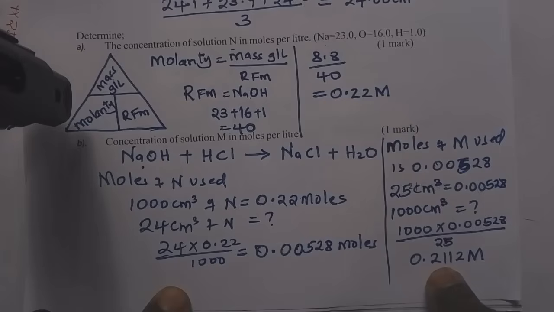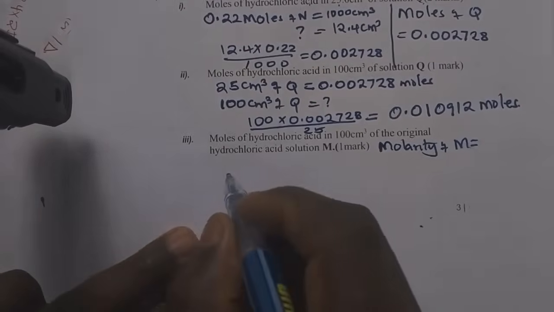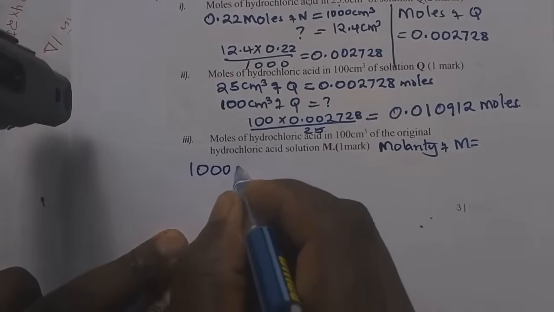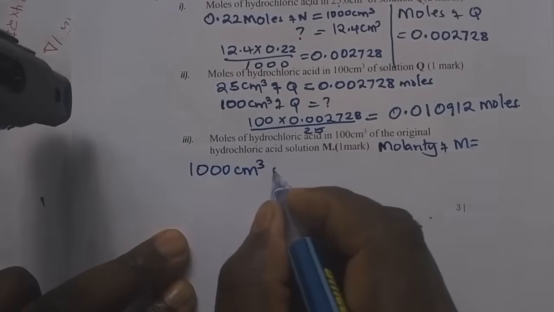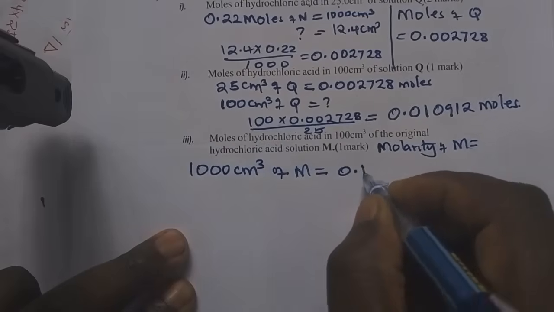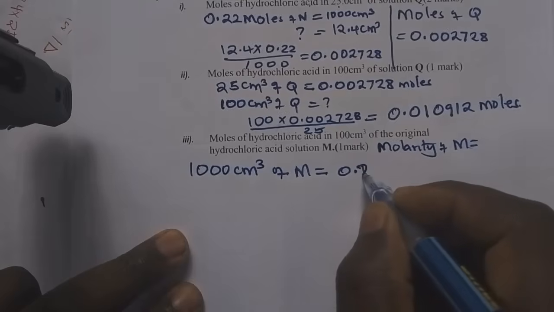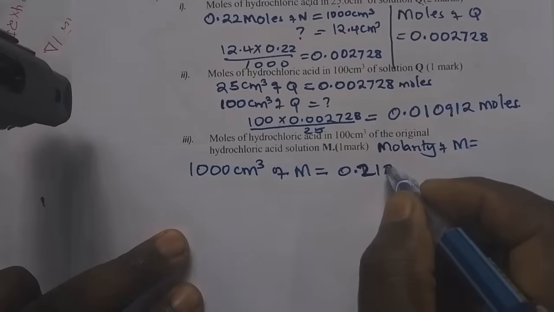We will ask, what about the number of moles in 100? So 1000 centimeters cube of M contains 0.2112 moles.